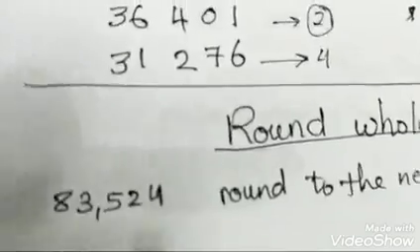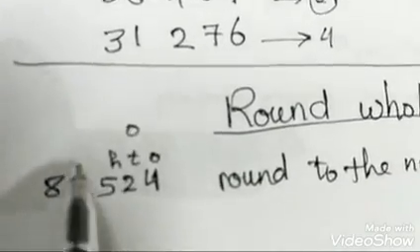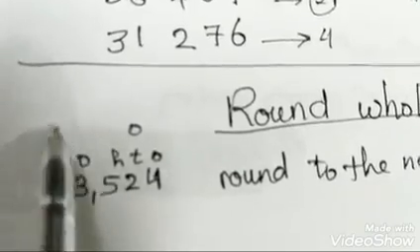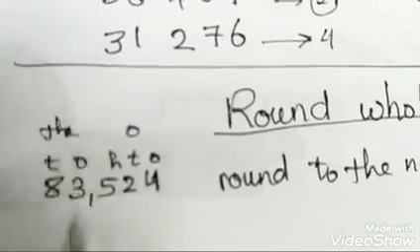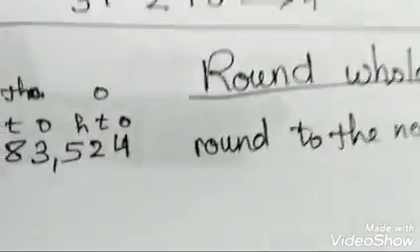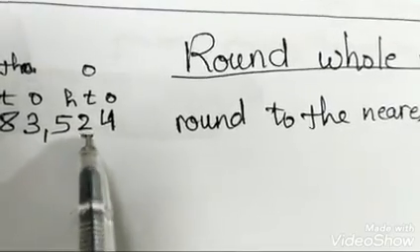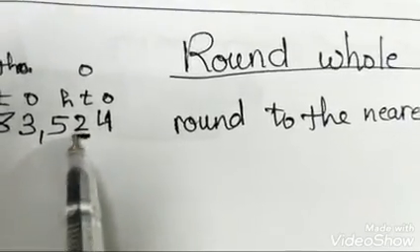Okay, so I have ones, tens, hundreds in the ones period, and ones, tens in the thousands place. Now I have to round it to the nearest tens. Where's the tens? It means this digit 2.